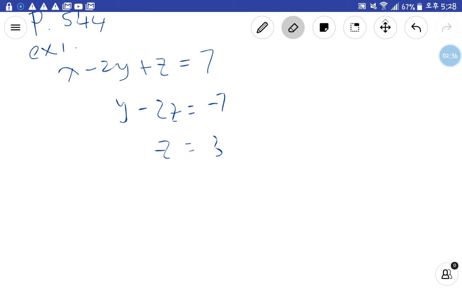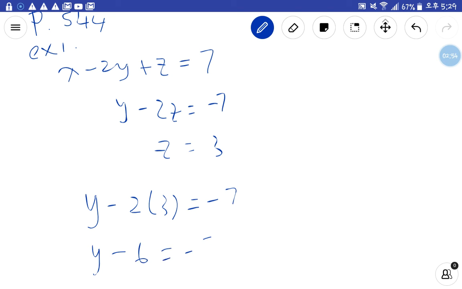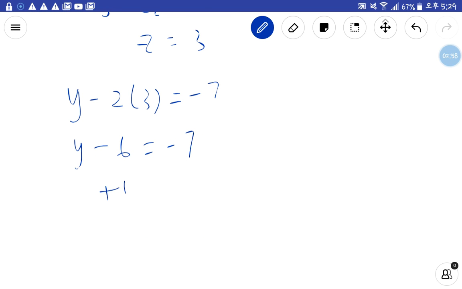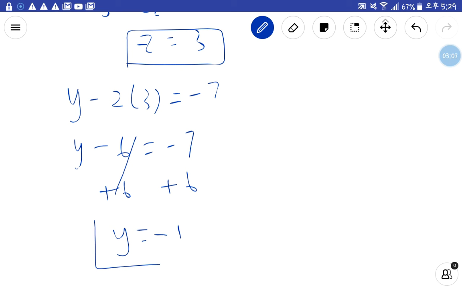So you have to use your second equation first to find the y value, then you can get your x value last. So you have y minus 2 times 3 equals negative 7. Now y minus 6 equals negative 7. Now what do we do after? You solve this equation by adding 6 to each side. y equals negative 1.